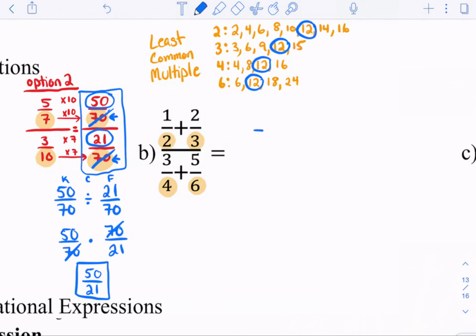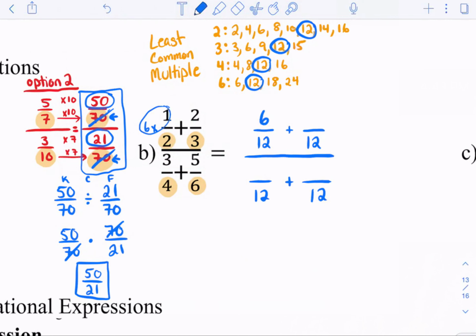So we are now going to rewrite this complex fraction, where all the denominators are 12. So for this first one, we had to multiply by 6. So 1 times 6 is 6.